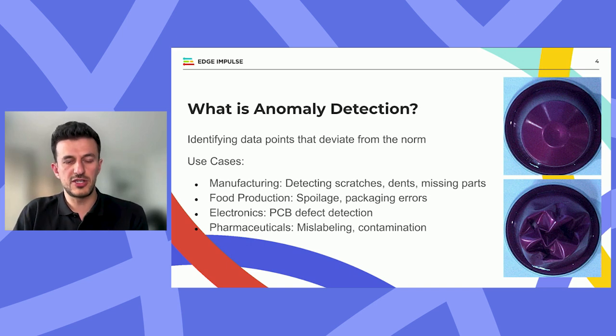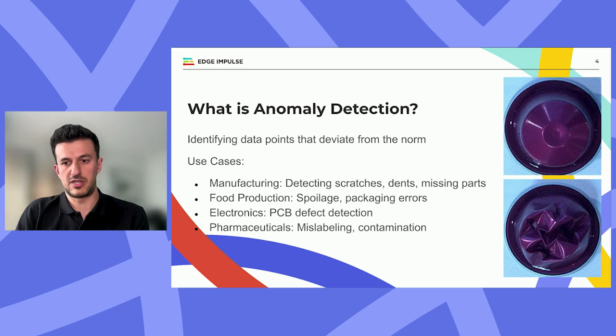In food production, you could look at spoilage, packaging errors, or missing labels or anything like that. In electronics, you could see if any components are missing in your production line. And pharmaceutical use cases, similarly, missing labels, contamination, mold growing on your products.